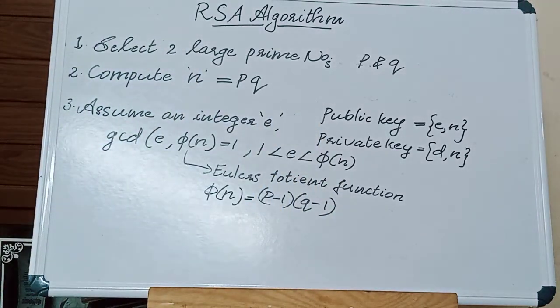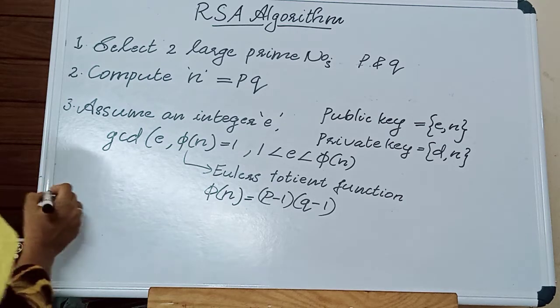Once we get the value of phi of n, we can identify the E value. Based on this E value, we can calculate the D value also.